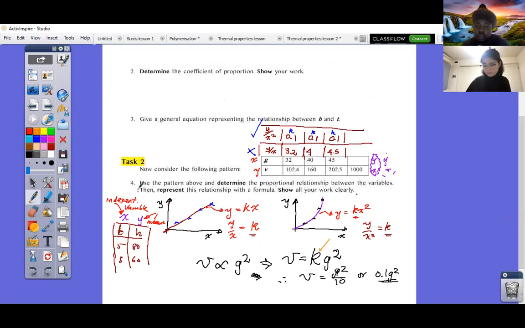What did you find as what should go in there? I wouldn't know my x, right? I'm using my calculator.